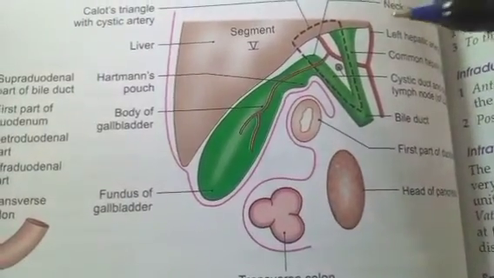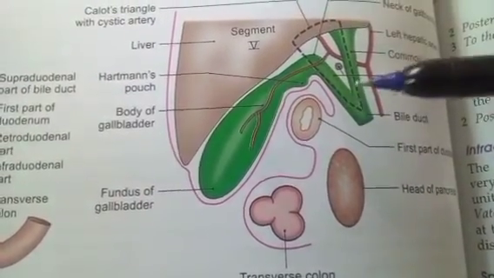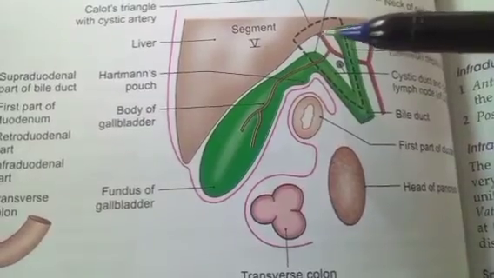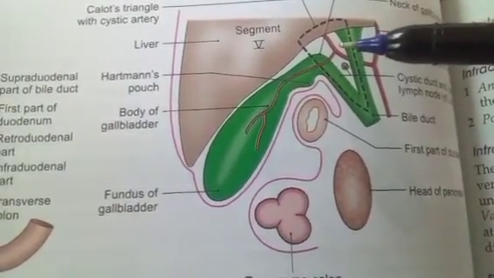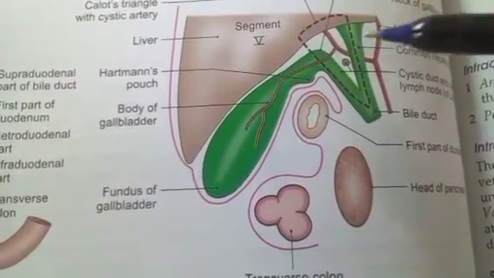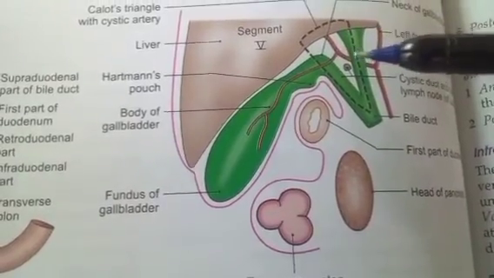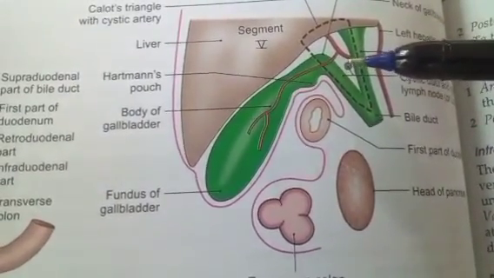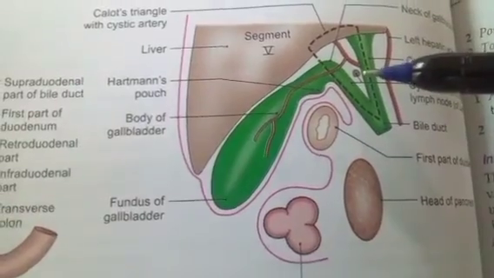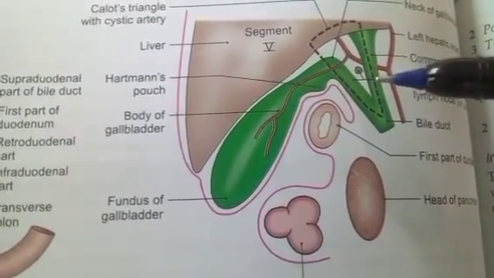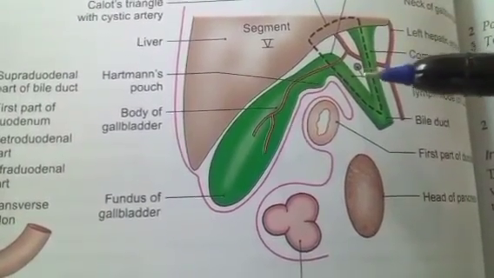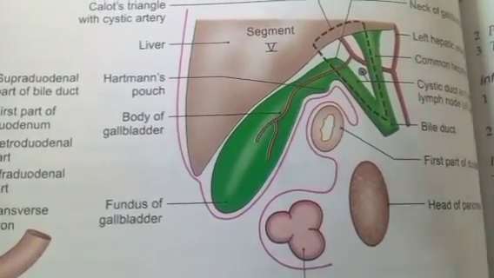The clinical importance of the Calot's triangle is that it helps the surgeon to identify, divide, and ligate the cystic artery and the cystic duct, whereas cystic lymph nodes are the most important lymphatic route for the drainage from the gallbladder.